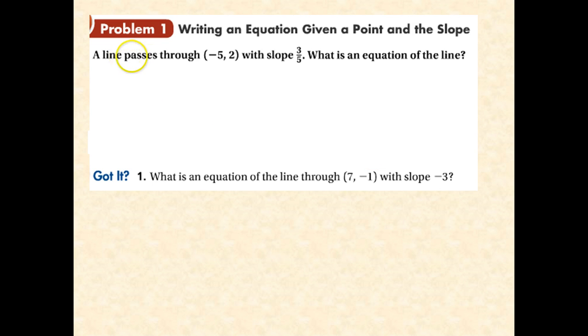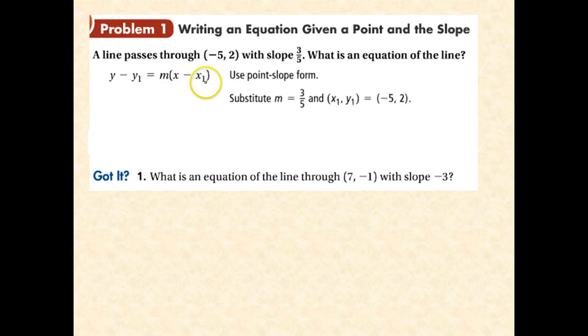Okay, so a line passes through -5, 2 with a slope of 3/5. What is an equation of that line? So we're going to use point-slope form. Y minus the y value of the point equals the slope times x minus the x value of the point. So we're going to substitute 3/5 for m, because that's the slope, and then at x1 we'll substitute -5, and then y1 will substitute 2.